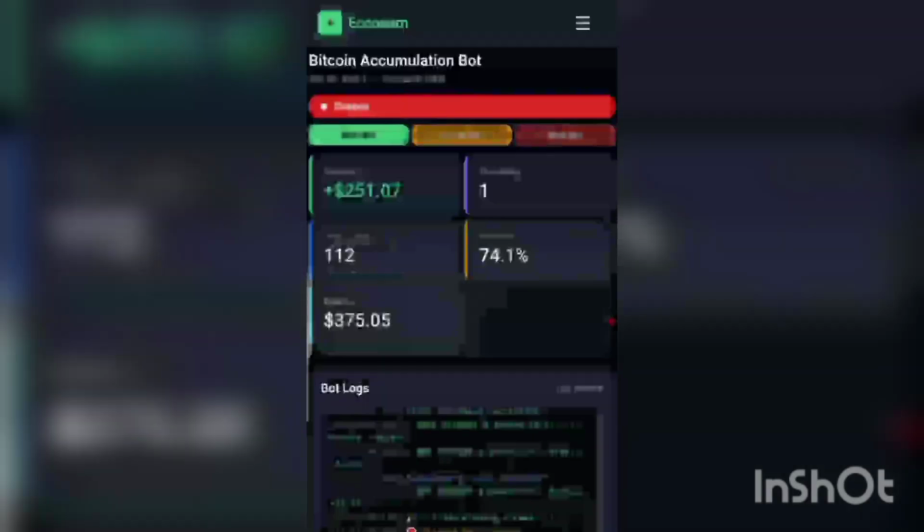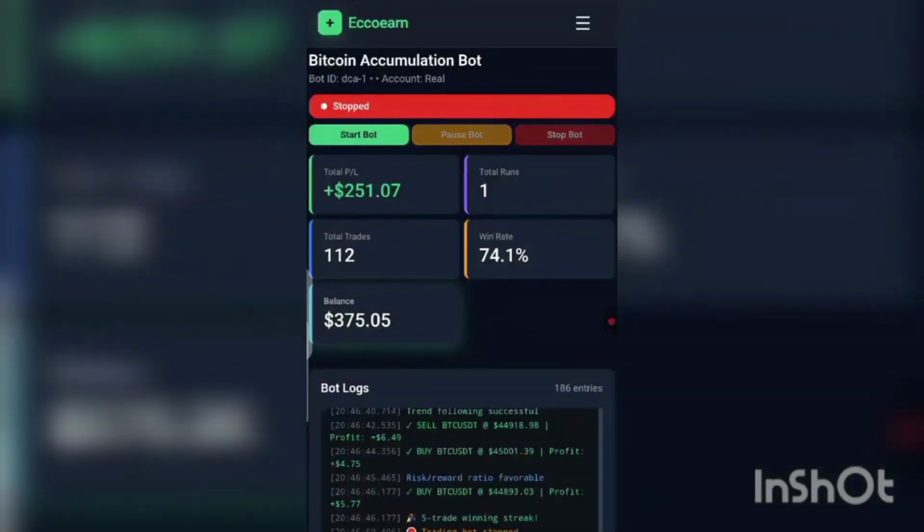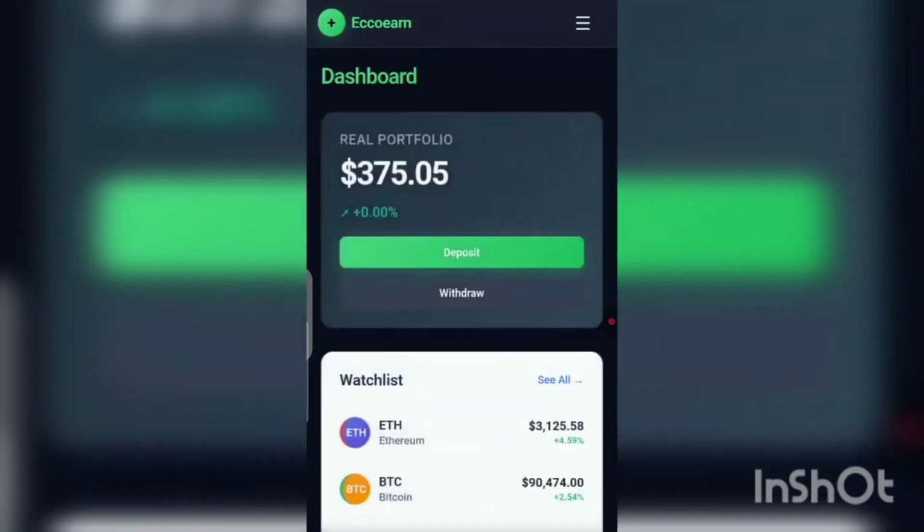I stopped the bot from running right now. You can see over here the total amount we just made, which is an extra 375 USDT with a 74.1% win rate. This is what the bot can actually do.